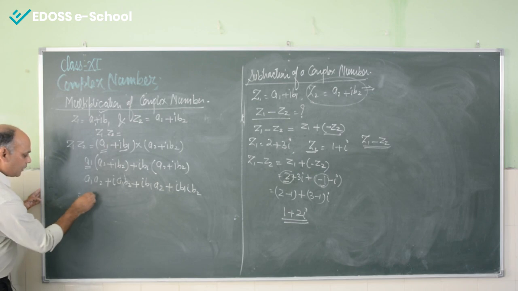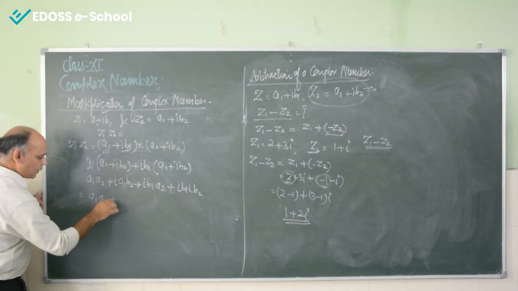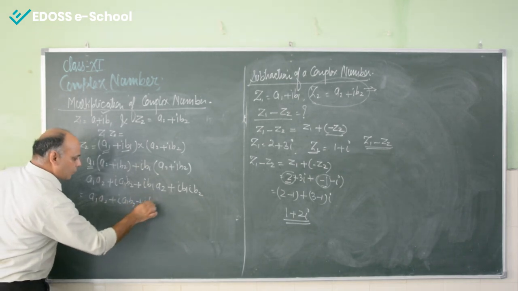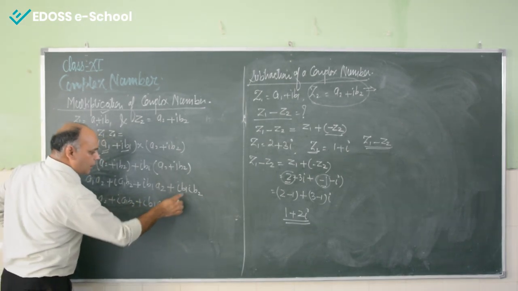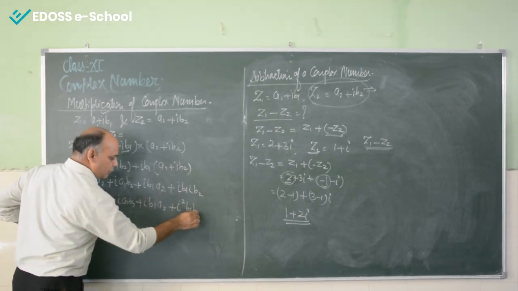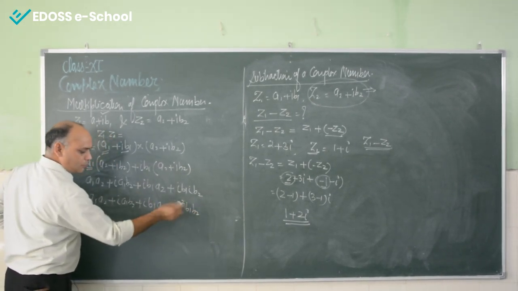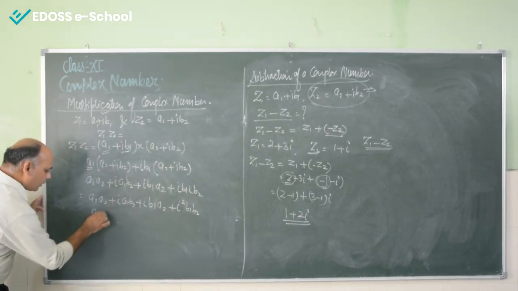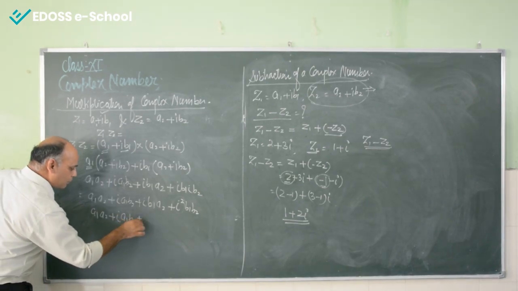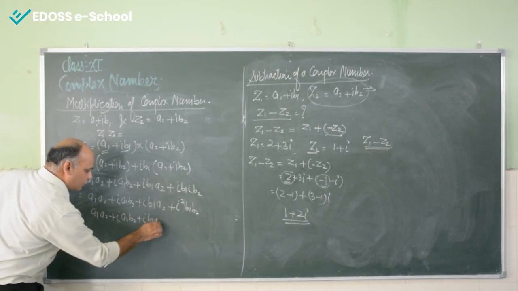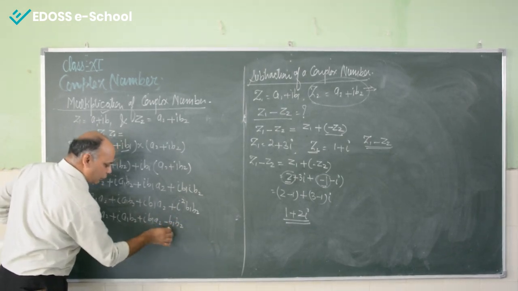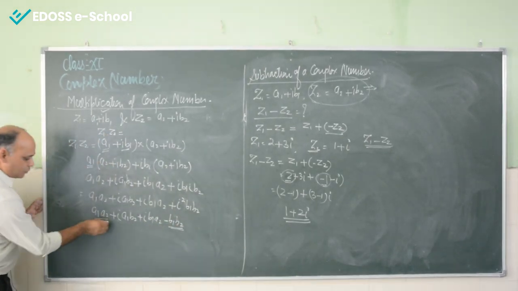Then this can be written as A1 A2 plus iota times A1 B2 plus iota times B1 A2 plus iota square B1 B2. Then iota square equals minus 1, and this will be A1 A2 plus iota times A1 B2 plus iota times B1 A2, and iota square equals minus 1, this will be minus of B1 B2, so this will be the real part and this is also a real part.